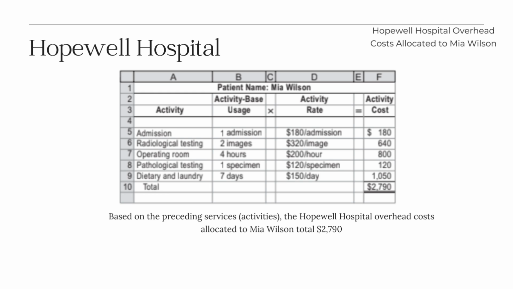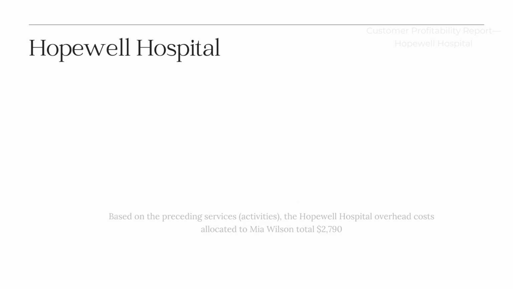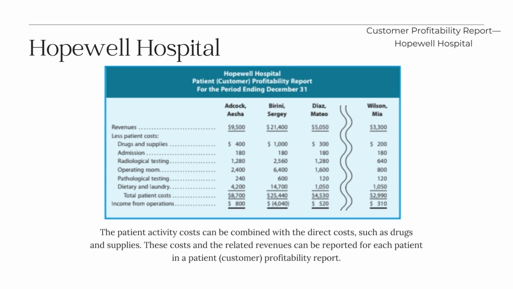For pathological testing, we have 1 specimen used times $120 per specimen, that is $120. For dietary and laundry, that is 7 days times $150 per day, that is $1,050. Total of $2,790. In this exhibit, it can be used by the hospital administrators for decisions on pricing or services.